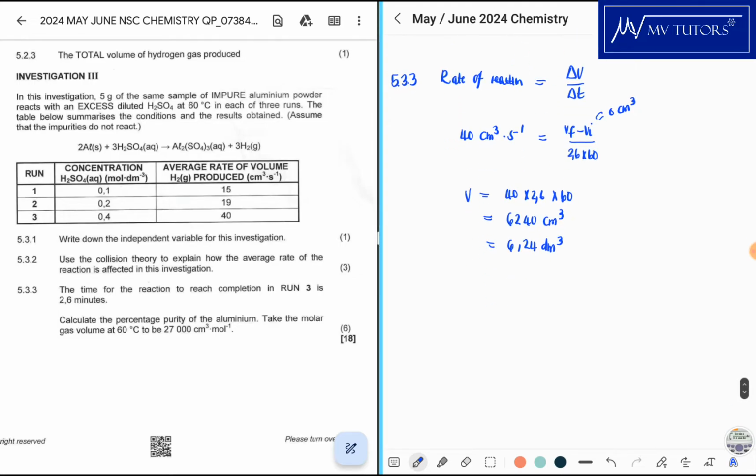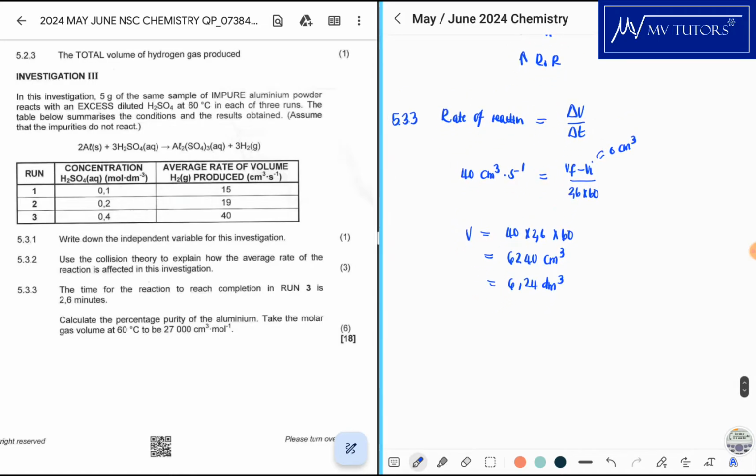All right, what are we doing here exactly? Because you can calculate and forget what you're trying to do. You want to get the percentage purity. Your percentage purity will be the actual mass of your aluminium over the total mass of the impure sample, which is 5 grams.